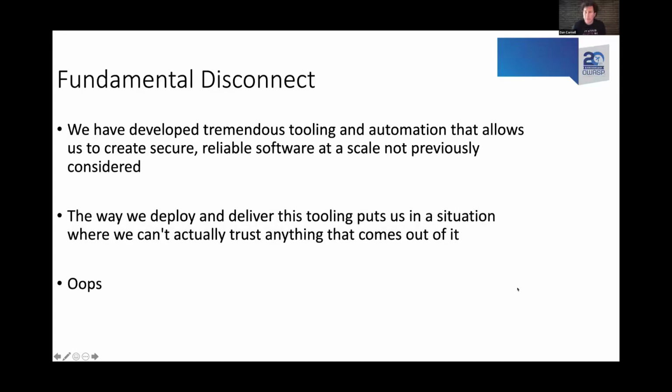We have just amazing tools that should put us in a situation where we can create secure, reliable software at a scale that previously hadn't been considered. The flip side of that is that the way that we deploy and deliver this tooling puts us in a situation where you actually can't trust anything that comes out of the other end. That is really all I can say to that.